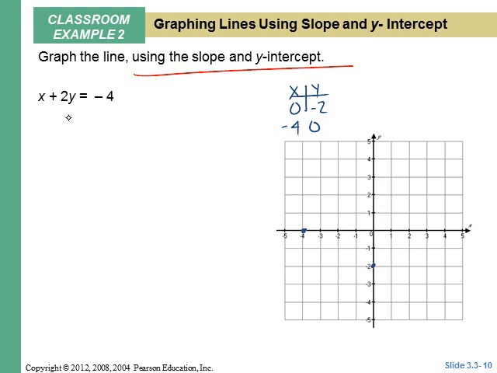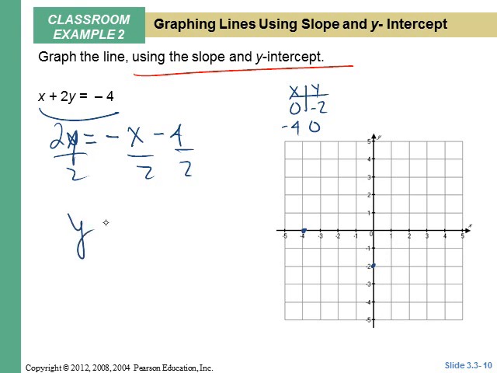Okay, so 2y equals negative x minus 4, right? We get the x to the other side, divide everything by 2, and we get y equals negative 1/2 x minus 2. Intercept, I'm going to change colors here.